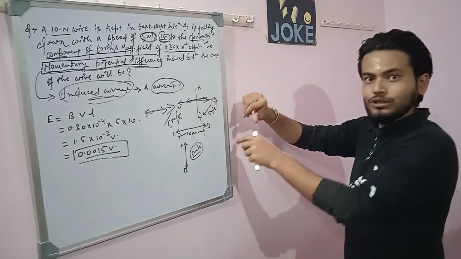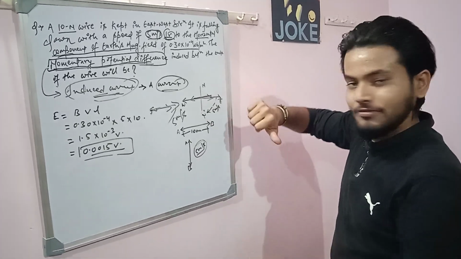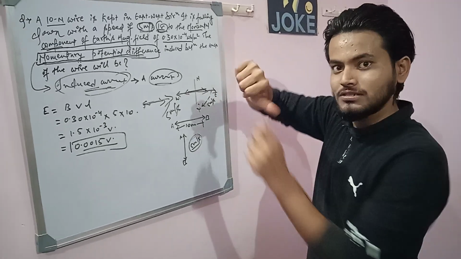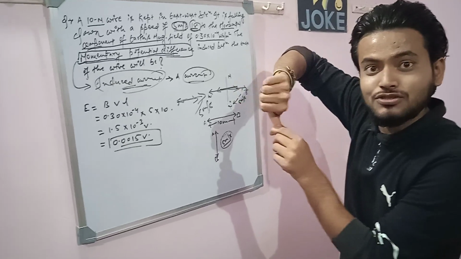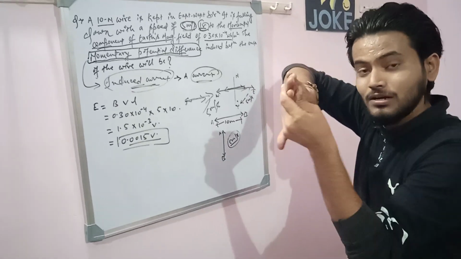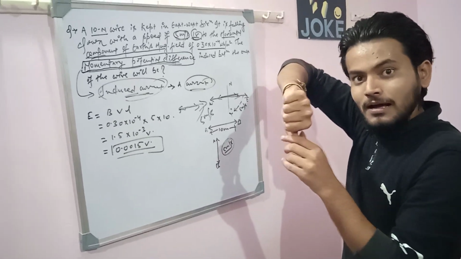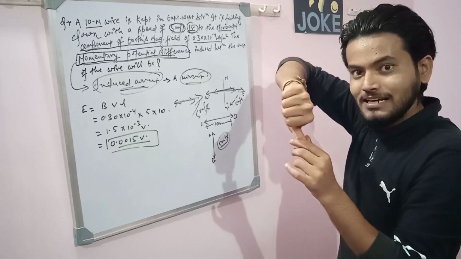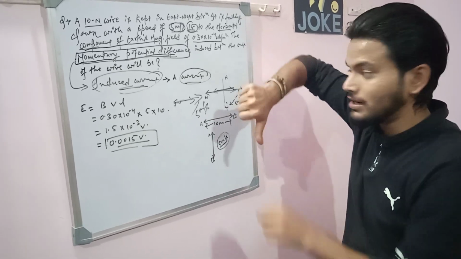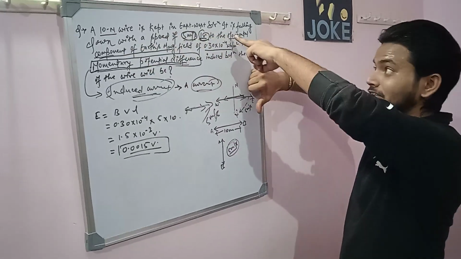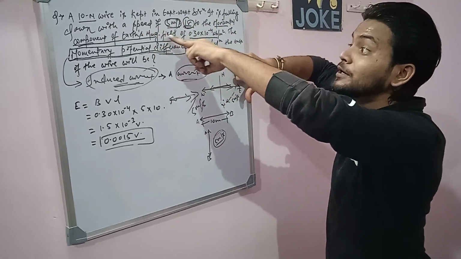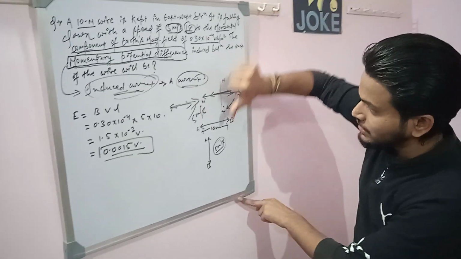If we use this rule, the thumb shows the motion of the conductor, and the bent forefinger shows the direction. Here the conductor was falling down with a speed of 5 meter per second, so the motion of the conductor was downside.